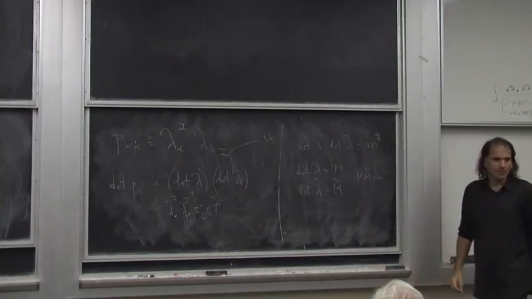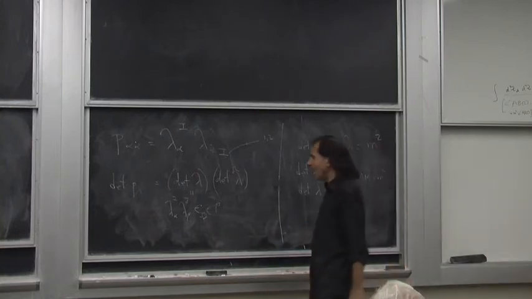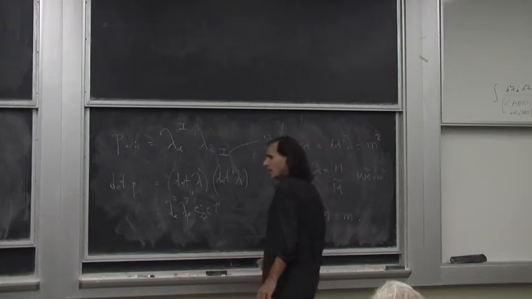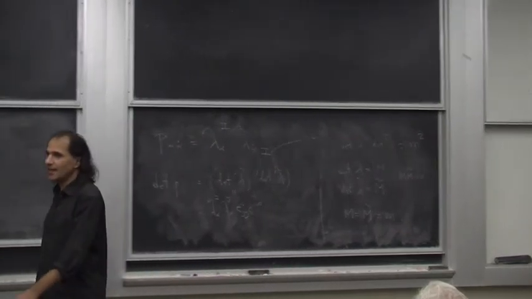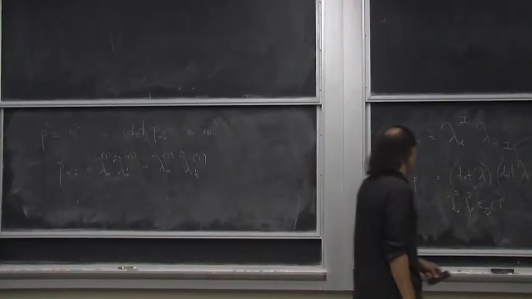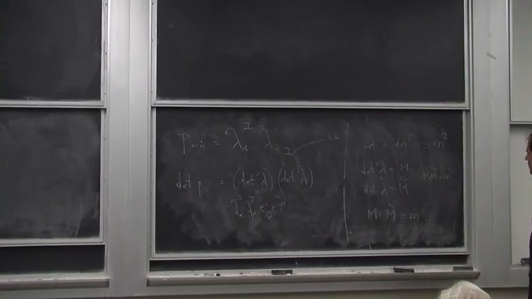Okay? I don't lose anything, at the moment anyway, by just setting M equals M tilde equals m. Okay, and if I do that, that lambda and that lambda tilde are set equal to each other. So, what are these choices doing?